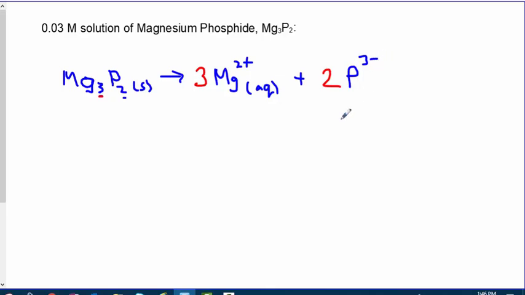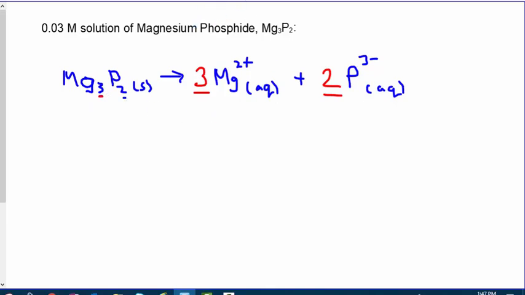Sorry, 3-. Okay, and again, this is aqueous because this is an ion. So we've balanced this reaction out. I've got 3 magnesium ions with a 2+ charge for every 2 phosphide ions with a 3- charge. And when those come together, they form the salt magnesium phosphide.